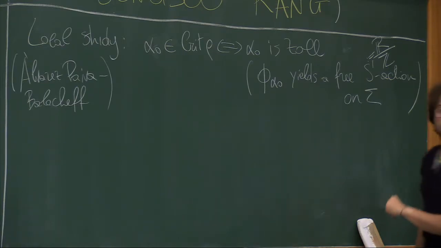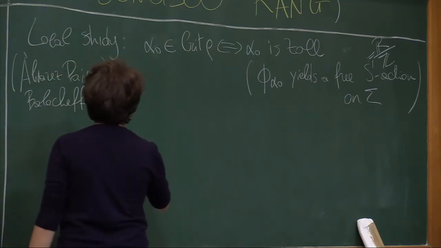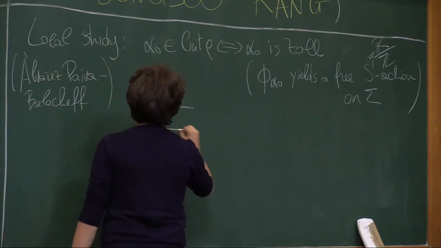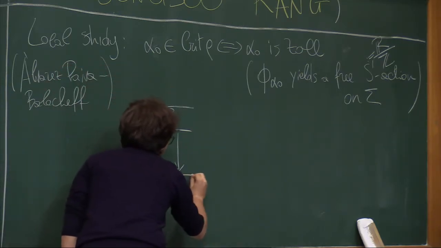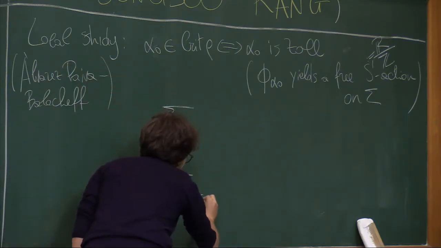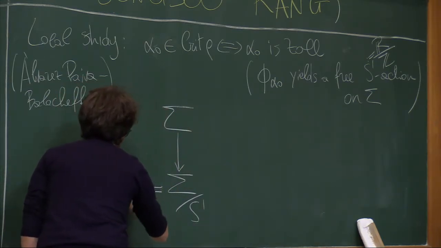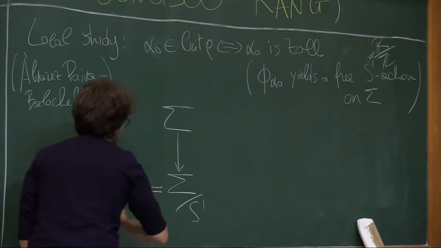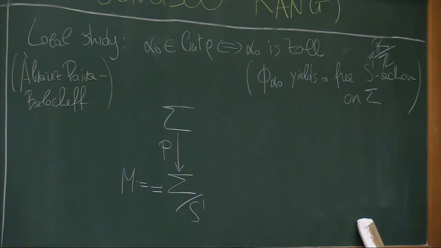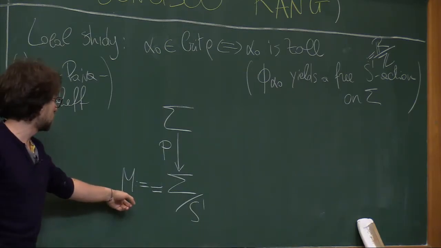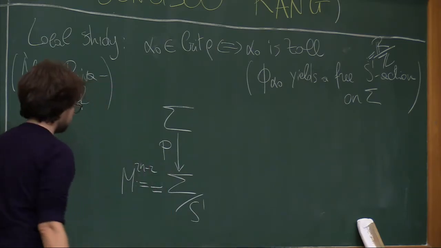So let's have a look at this case a bit more in detail. We have our manifold sigma, and then I can consider the quotient of sigma by this action. I call this manifold M, and this is the projection P. This manifold M is a closed smooth manifold of dimension 2n minus 2.